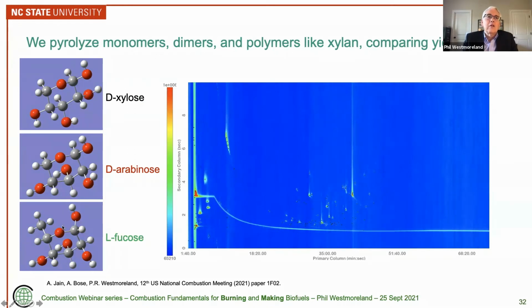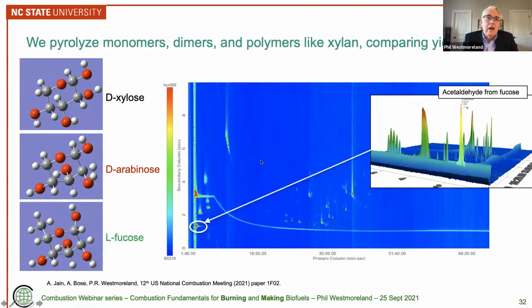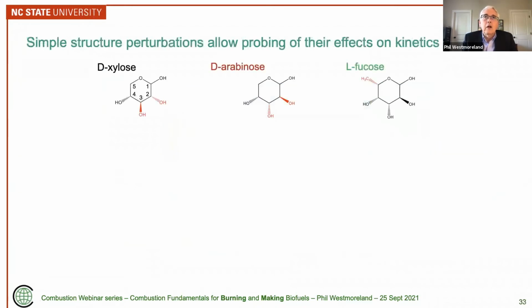The difference relative to fucose is that you've got a CH2 group over here on the side, but it's a methyl H on the same carbon that's happening right there. So we get lots and lots of different species. We can tease out in particular that acetaldehyde is a major species. We can tease out other species as well and put together a mechanism by which this is all occurring.